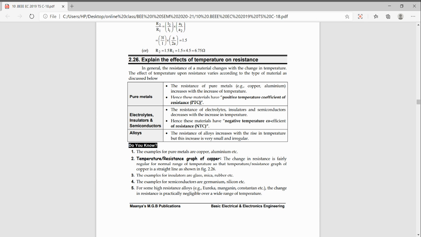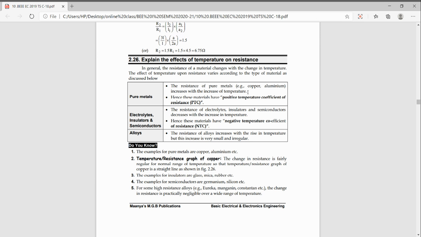We will call it PTC, positive temperature coefficient of resistance. It means the resistance will increase with the increase in temperature. If the temperature increases, R also increases.